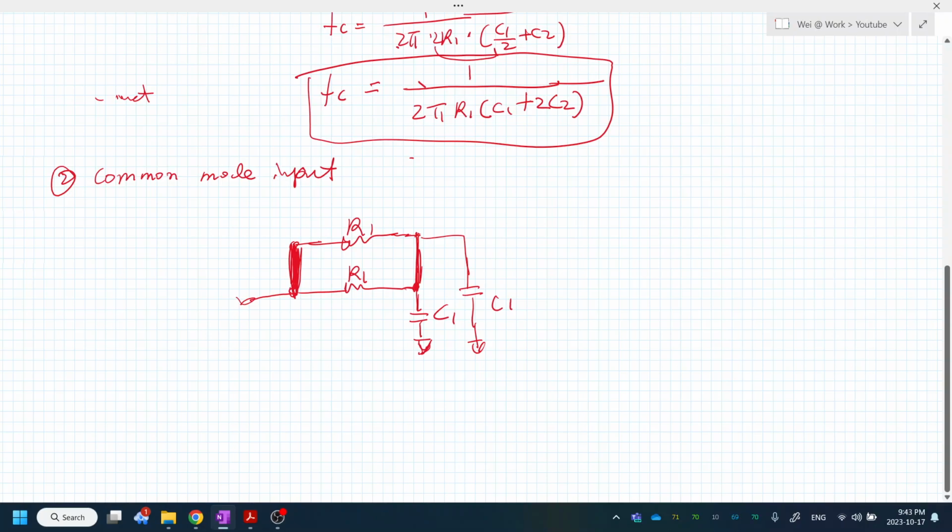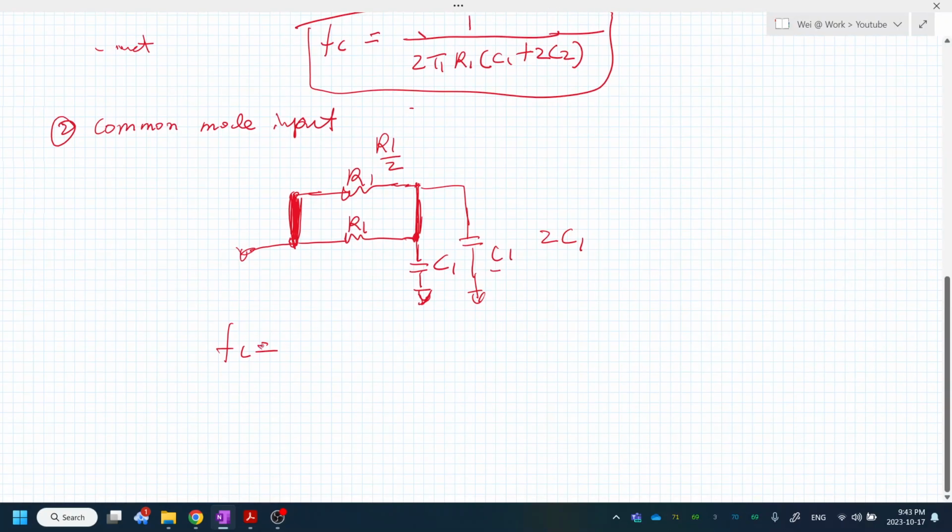Okay, and then now for the FC, these two R1s are in parallel, so the equivalent is R1 divided by 2, and this C1 and this C1 are in parallel, so the equivalent capacitance is 2C1.